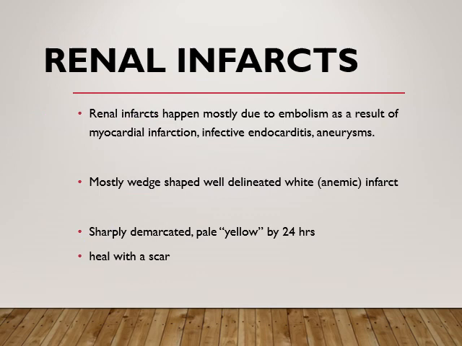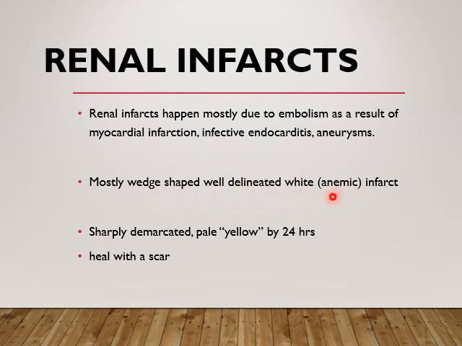So the last vascular disorder is renal infarcts. Renal infarcts happen mostly due to embolism as a result of myocardial infarction, infective endocarditis, or aneurysms. I have already covered infarcts in the class on hemodynamics. Usually these infarcts are wedge shaped and most of them are white.